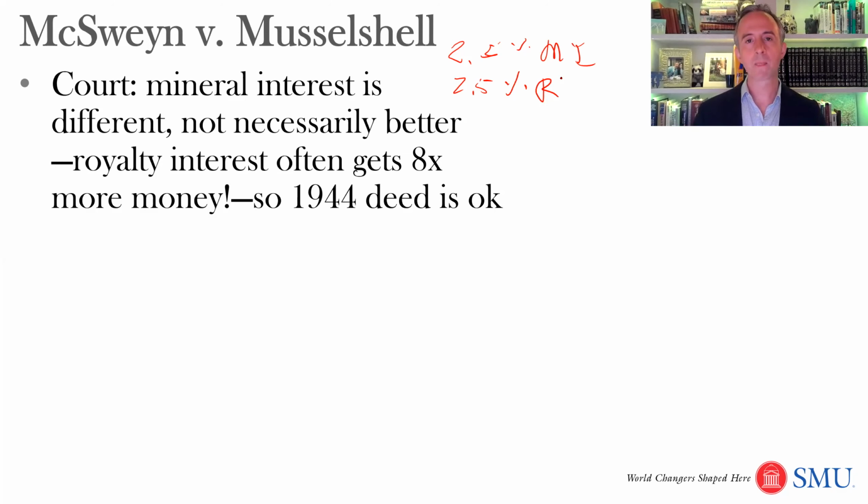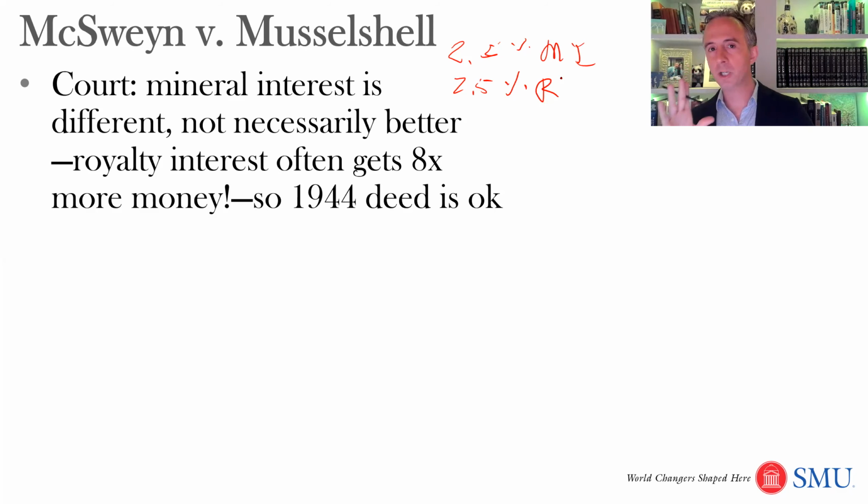Okay, it's true that if you have the mineral interest, you can lease it out to somebody because you have control of 2.5% of the minerals. You can figure out how to lease it. But on the flip side, how much are you going to get for that lease? Well, normally you get a 1/8 royalty, particularly back around the middle of the 20th century when this lease was granted.